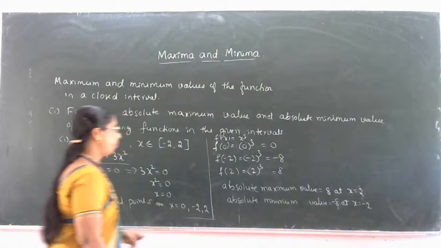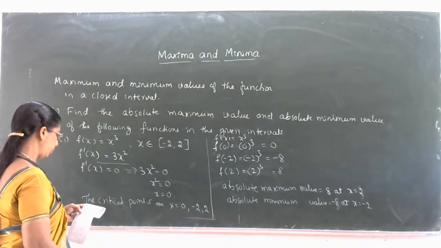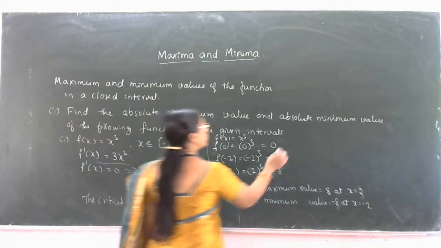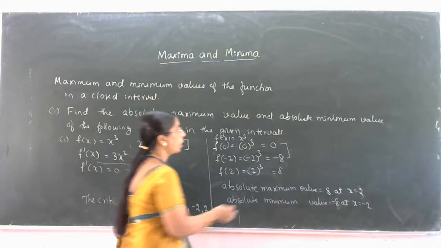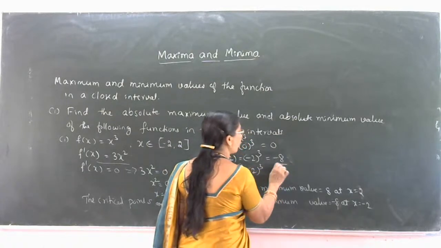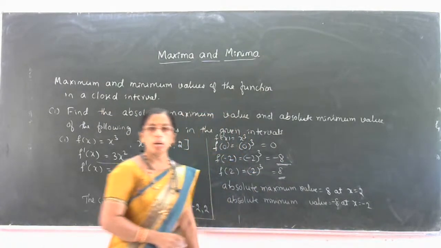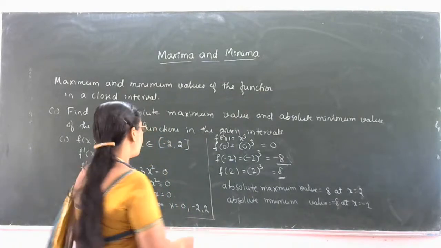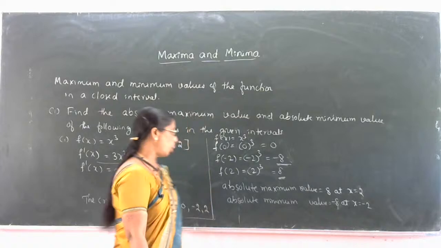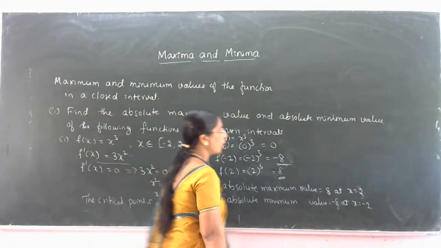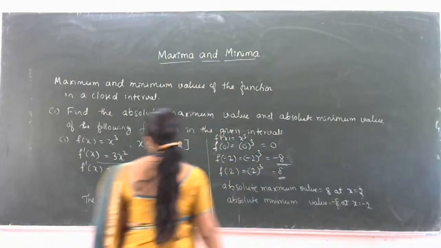These are the absolute maxima and absolute minima. Here 0, minus 8 and 8 are the values, but the least one is the minimum value and the highest one is the maximum value. Then we write the absolute maximum value is 8 at x equal to 2 and the absolute minimum value is minus 8 at x equal to minus 2.